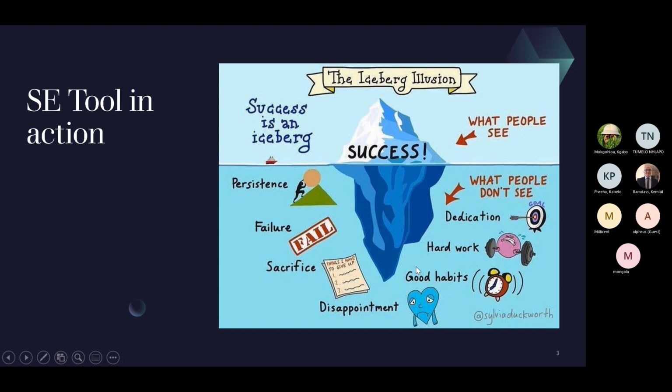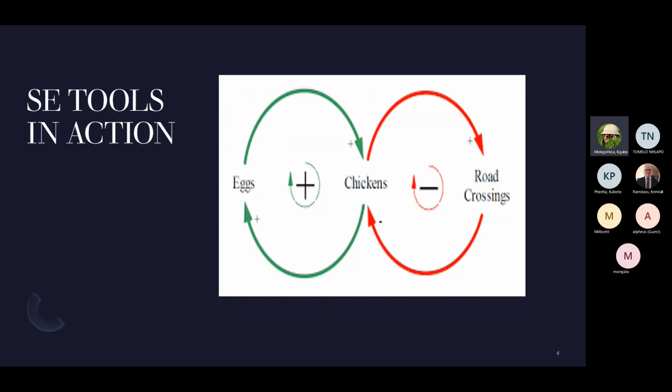Another one is the causal loop diagram, or CLD, which is another tool of systems engineering or systems thinking. You can see here, you have an egg and you have a chicken, but we have this thing called a reinforcement loop.